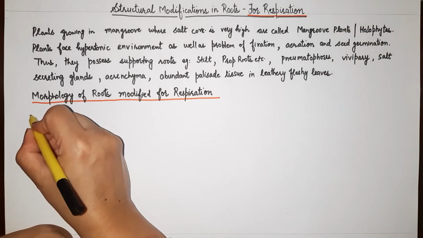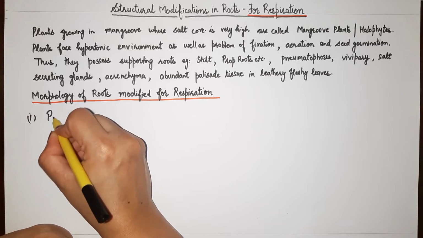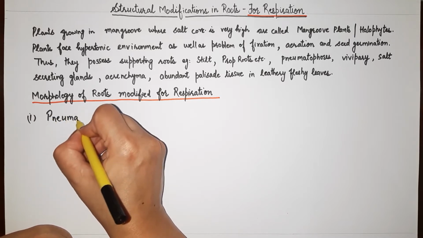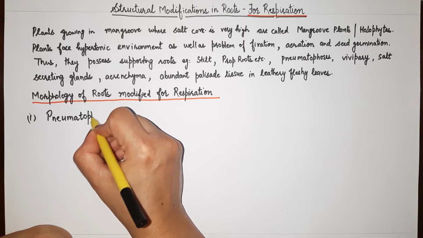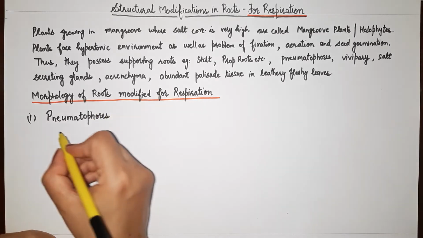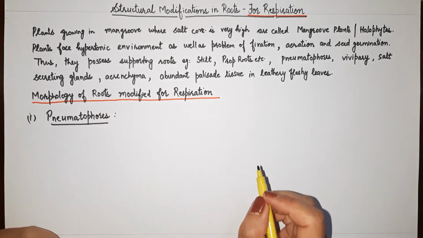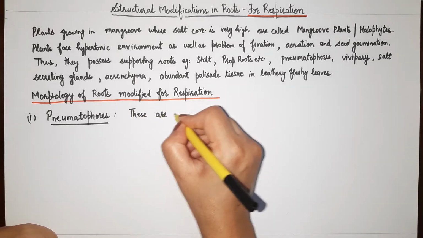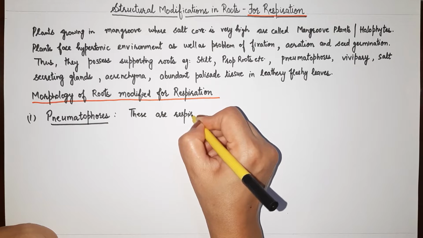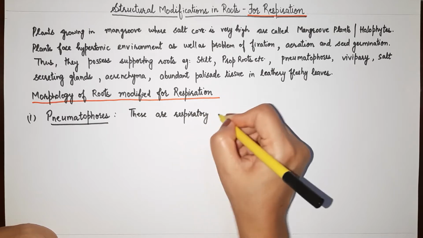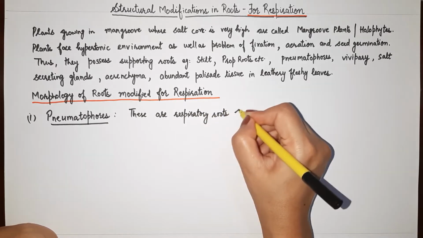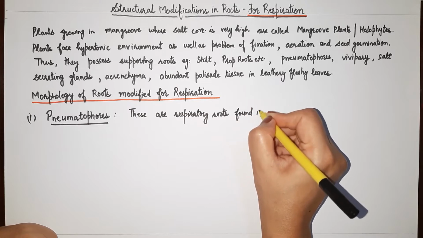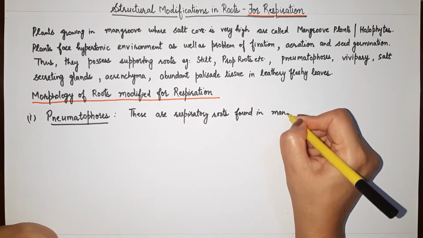So in this case, the very first reference is pneumatophores. So what are pneumatophores? These are respiratory roots found in mangrove plants.